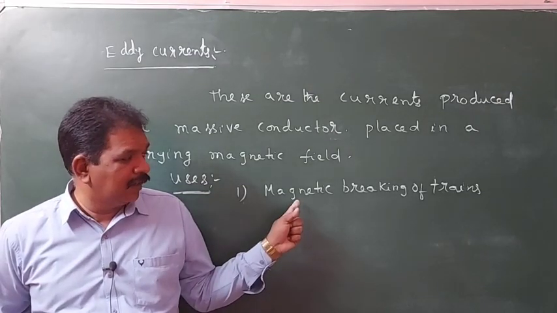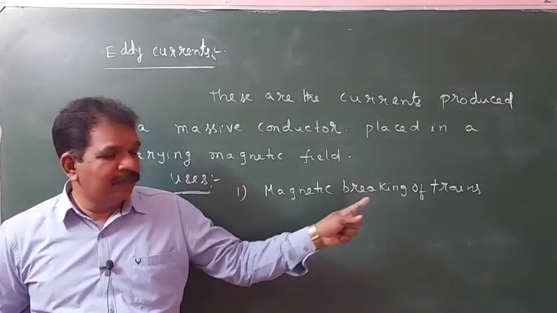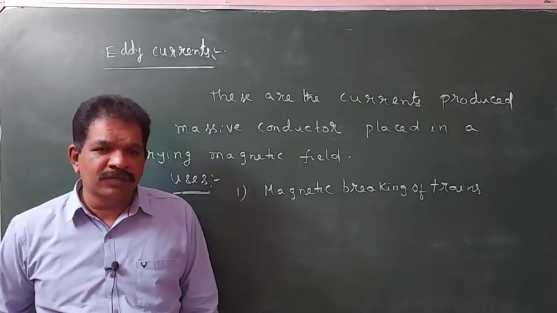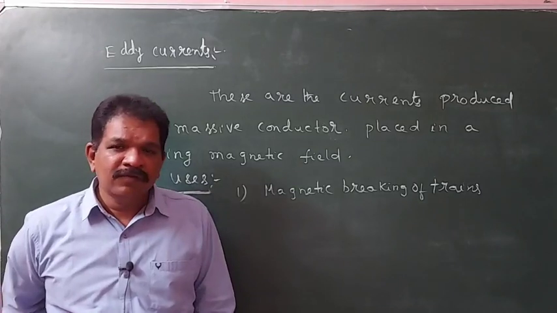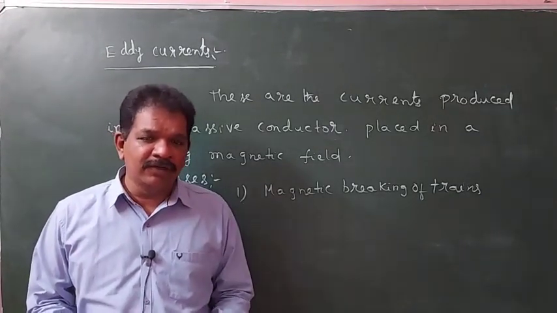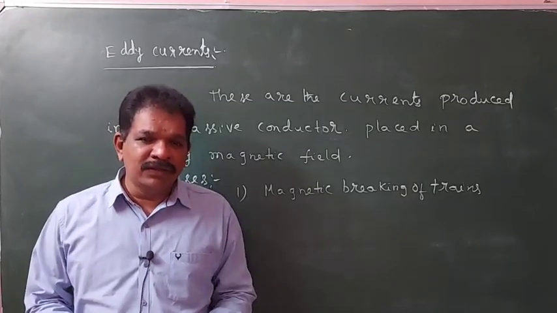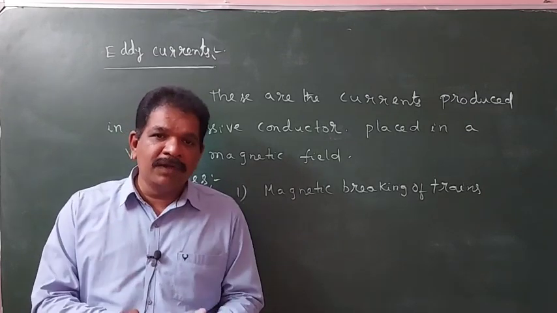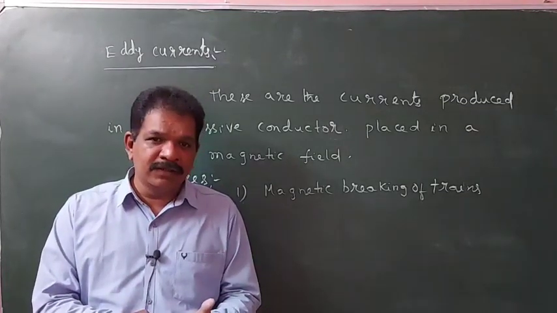That is one technique, magnetic braking of the trains. Now no one is using this in bullet trains, very fast moving trains, but somewhere in foreign countries they are using this eddy current technique to stop the train instantaneously.